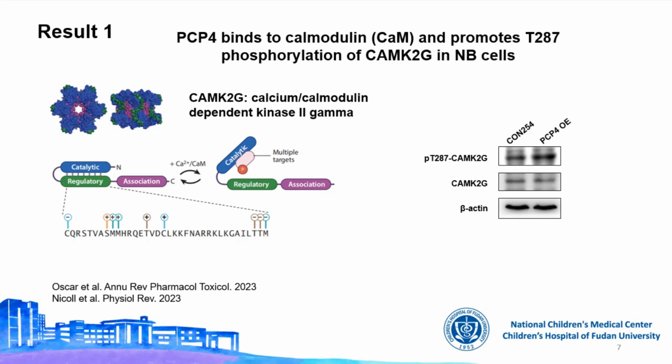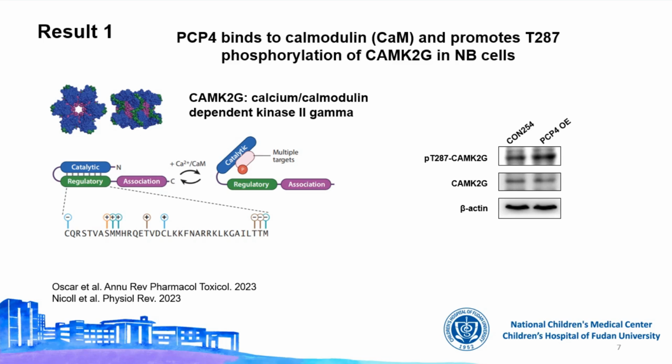CAMK2G is a member of the serine threonine protein kinase family. It plays an important role in neuronal development and synaptic plasticity, which is similar to that of PCP4, but its function in neuroblastoma has been largely uncharacterized. When it is activated by calmodulin, it gets autophosphorylated at the site of threonine 287.